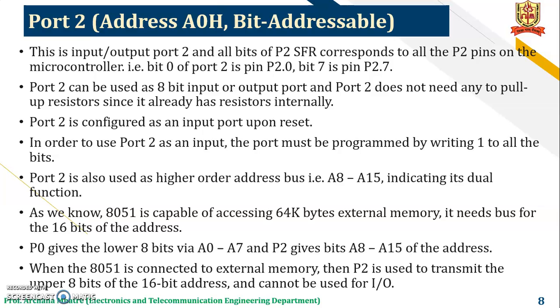Bit 0 of port 2 is P2.0 and bit 7 is P2.7. Port 2 can be used as an 8-bit input-output port, and port 2 does not need any pull-up resistor since it already has a pull-up resistor internally. Port 2 can be configured as an input-output port.